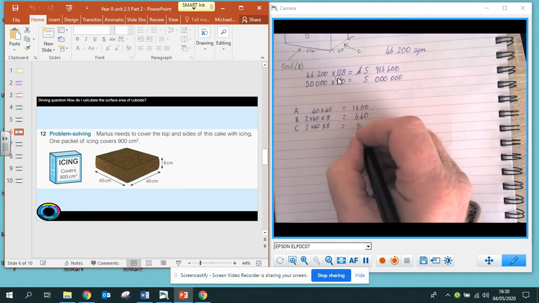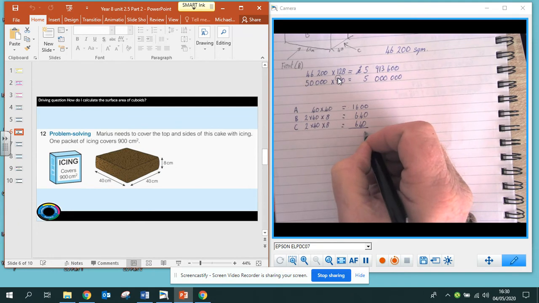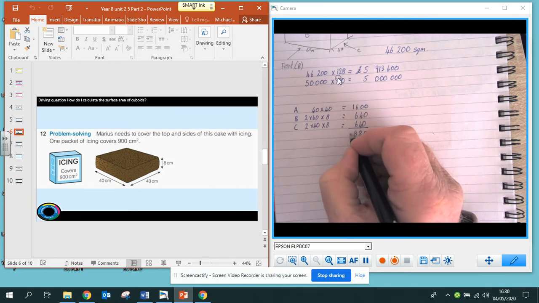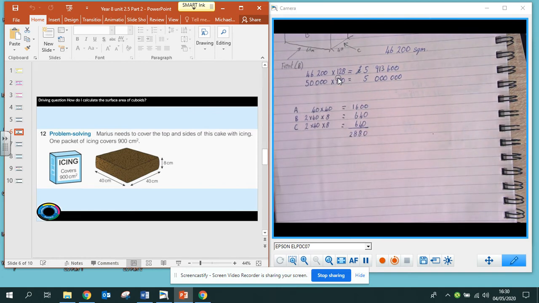And this is exactly the same, so that's another 640. So overall, we have 2,880. I haven't put a unit on this yet, but it is 2,880 square centimetres.